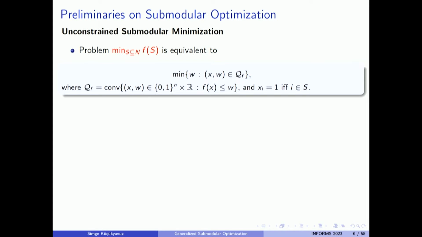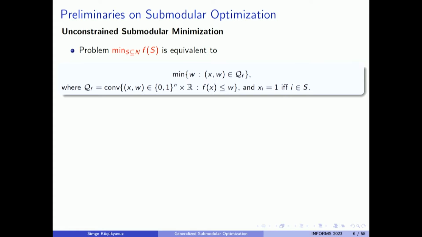And x and w are in this set Qf, which is what we refer to as the epigraph of the function f. So w is greater than or equal to f of x. And x translates the subset that we're selecting into binary variables. If i belongs to the set S, I'm going to say xi is equal to 1, and xi is equal to 0 otherwise.